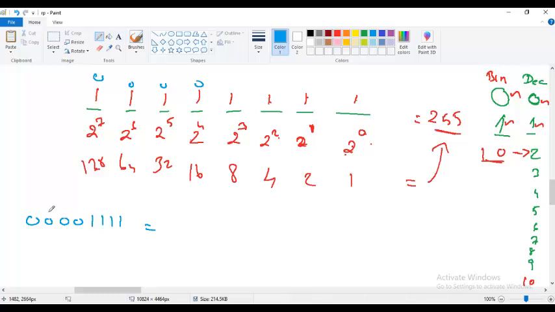Now let us do another one. Priya is great. 1, 1. Very nice. I'm happy. 1, 1, 1, 1, 0, 0, 0. What is the value of this? I'm giving tough one immediately because you said you are good in mathematics.